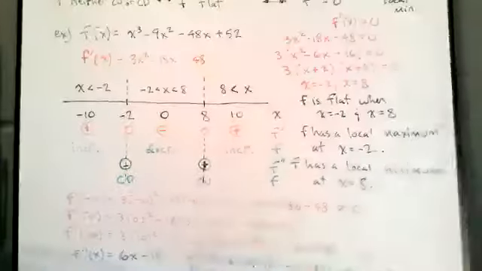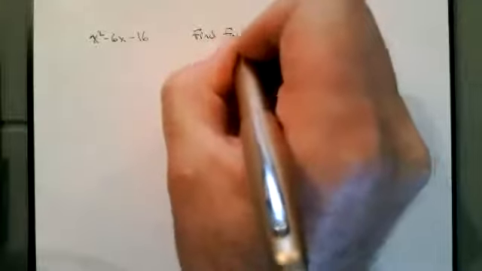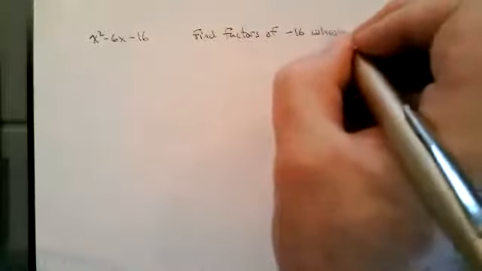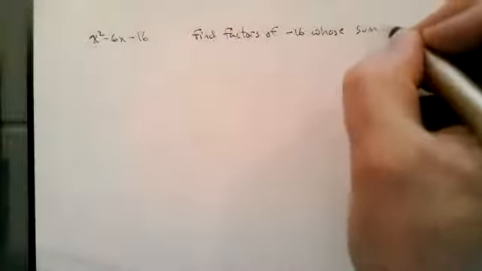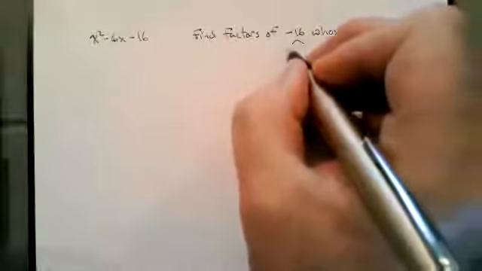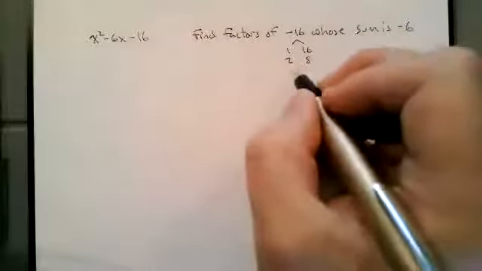The other thing to note about factoring, since it's come up: we're looking at x squared minus 6x minus 16. We want to find factors of negative 16 whose sum is negative 6. Factors of 16 are 1 times 16, 2 times 8, 4 times 4.